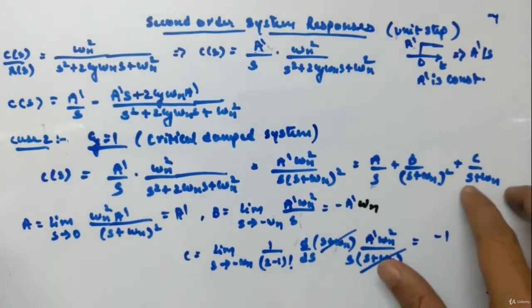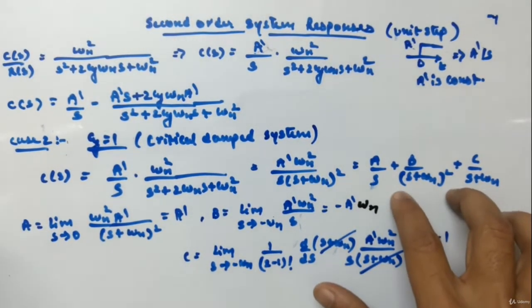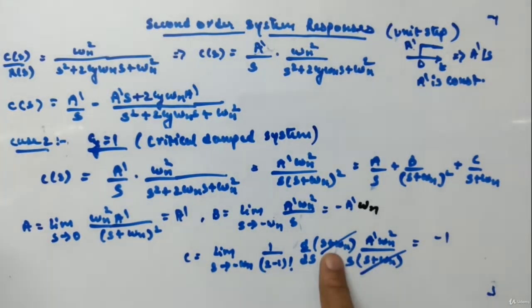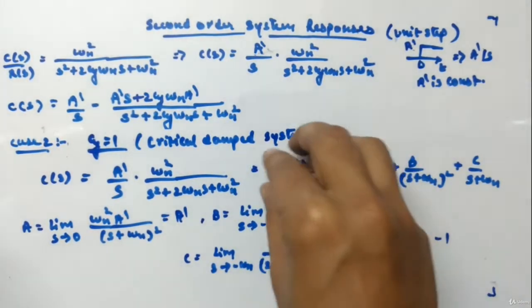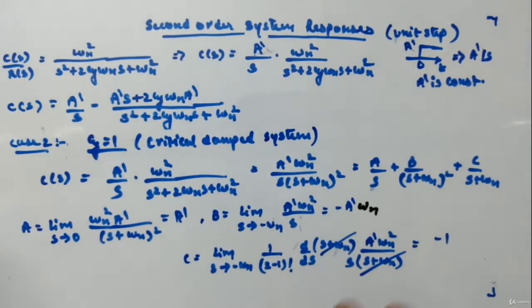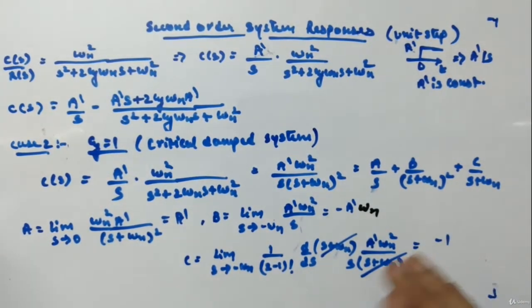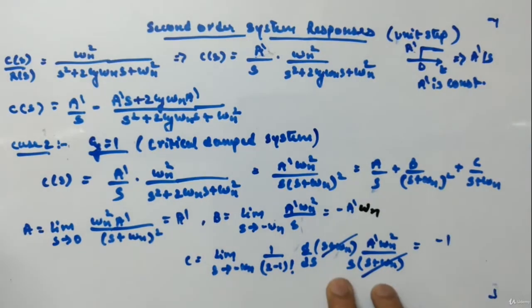So 1 upon (n minus 1) factorial, d by ds, differentiate with respect to s, and multiply (s plus omega n) whole square with this whole term. It's a partial fraction expansion, I'm calculating the inverse by using partial fractions.